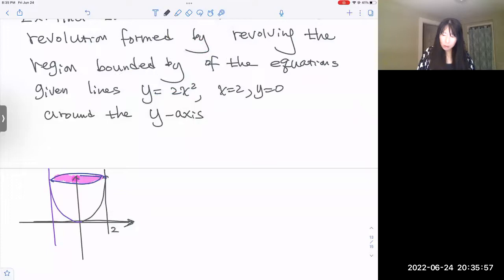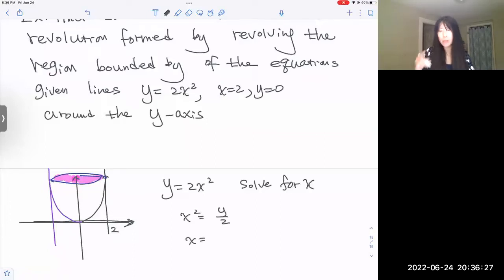Okay, so let us think. Y-axis, so we're going to do dy, so all the variables in terms of y. Y equal to 2x squared. Let us solve for x. So we have x squared equal to y over 2.